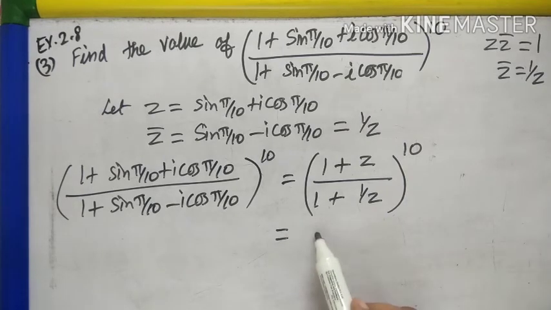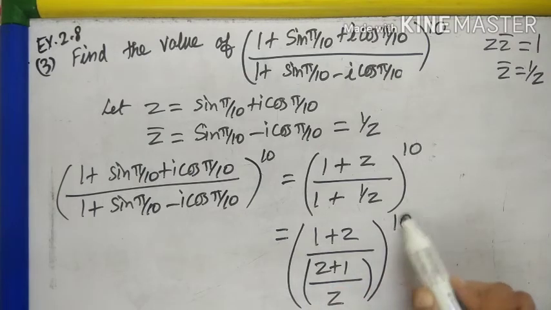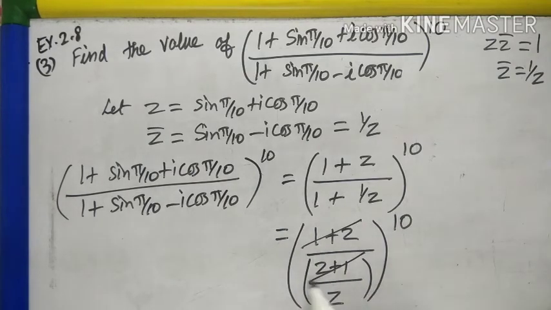For the denominator, z is the LCM, cross multiply, it is z plus 1, the whole power 10. 1 plus z I can cancel. The denominator's denominator reciprocates. I get z power 10.